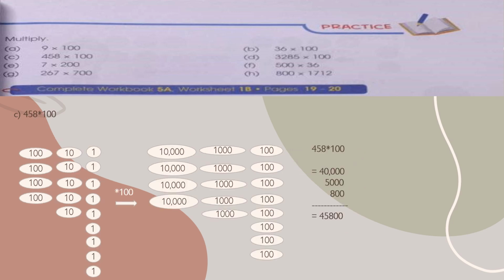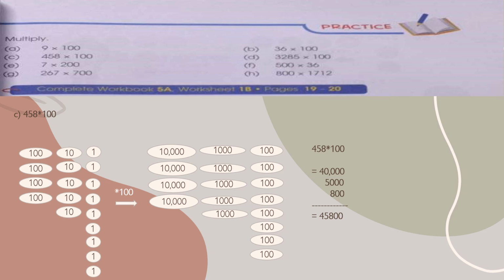In part C, we have 458 multiplied by 100. So we have 8 ones, 5 tens and 400. As a result, we have 100 into 100, 10,000, 10 into 100, 1000, 1 into 100, 100.